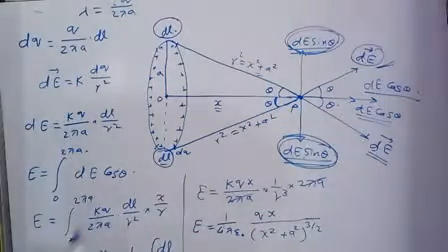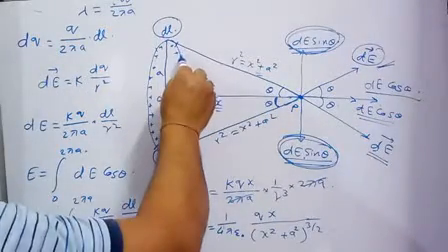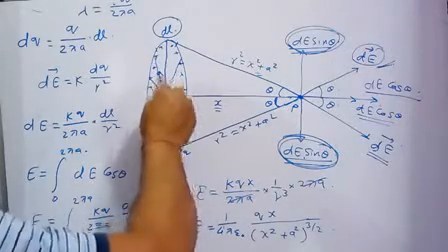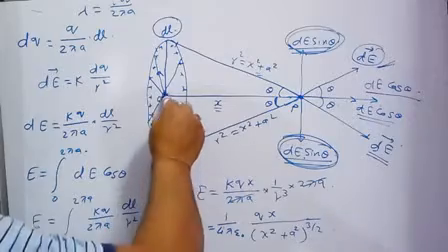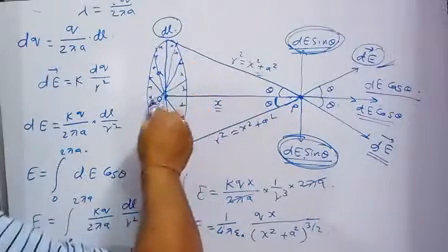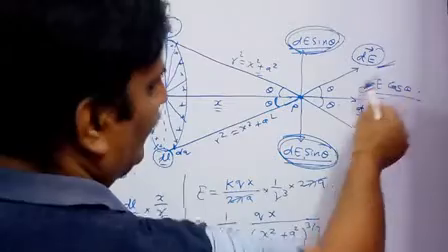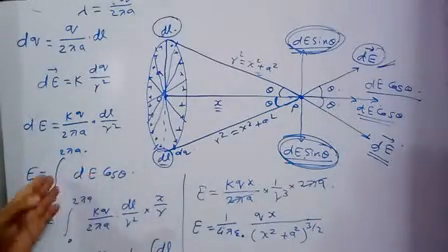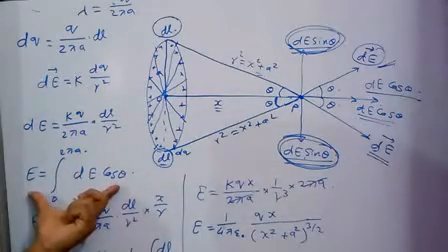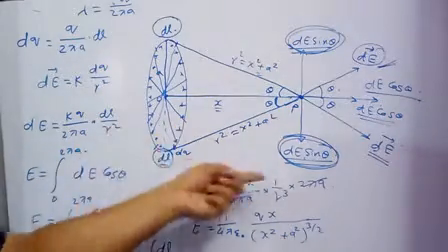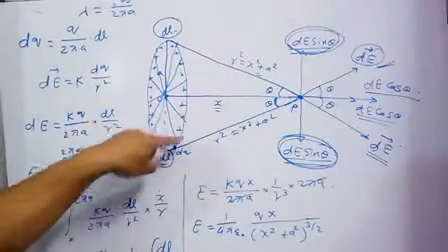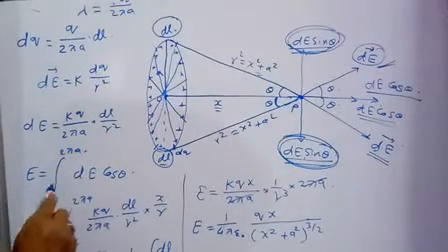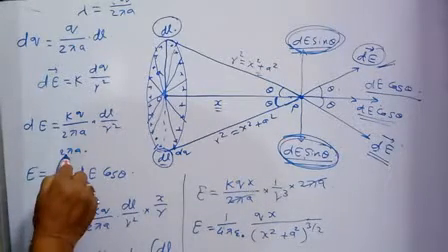So if we divide this whole ring in such diametrically opposite elements, there are so many elements whose electric field and their horizontal component is going to be in the same direction. They add together. For the addition, if we use integration, so total electric field at point P due to presence of charge on the length of the ring can be written as E equals integral 0 to 2 pi a.